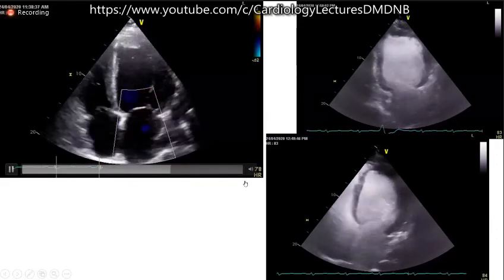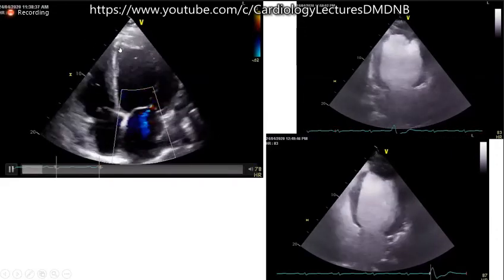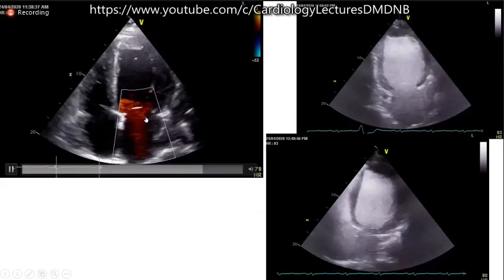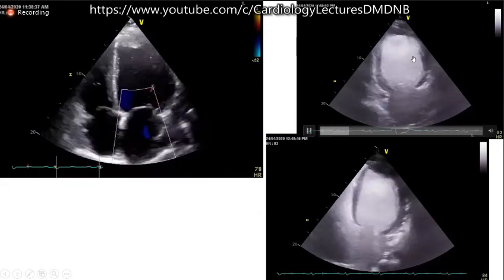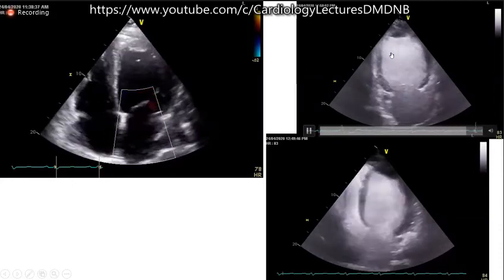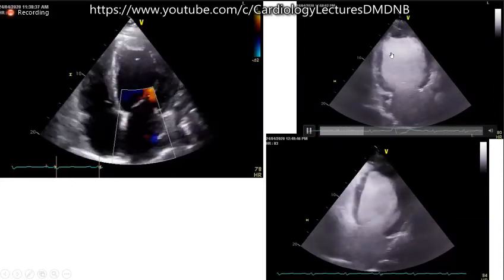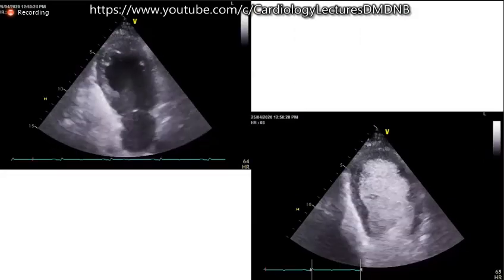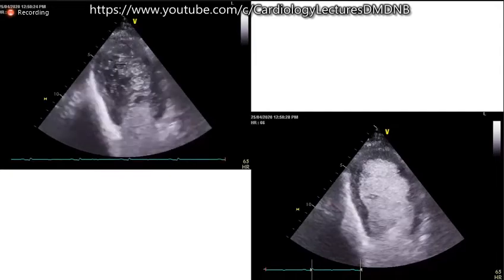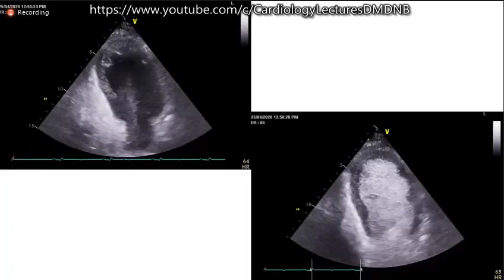So thrombus can be diagnosed here. You can see a thrombus here, and that is what is seen here. And the filling defect can be seen here also. We have done this in order to show the students how a filling defect can be easily picked up in a contrast echo.